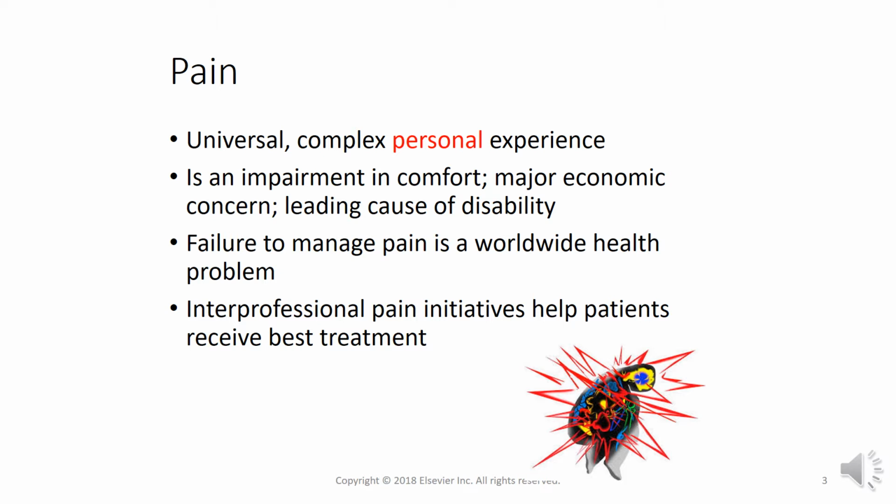We have to start thinking about pain differently. We need to have some interprofessional collaboration about how we address pain. So this should include nurses, of course, our pharmacists, because we're going to be giving some medications to help with pain, but they may have some ideas of some other things that might help with what's going on with the patient as well.